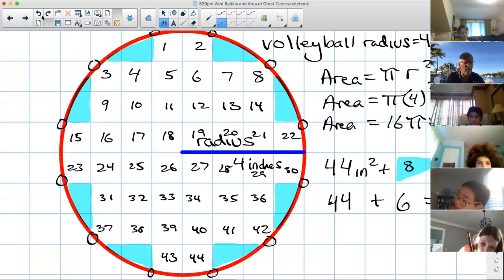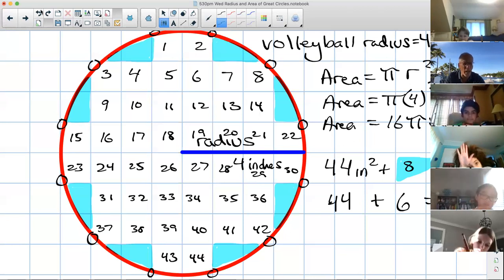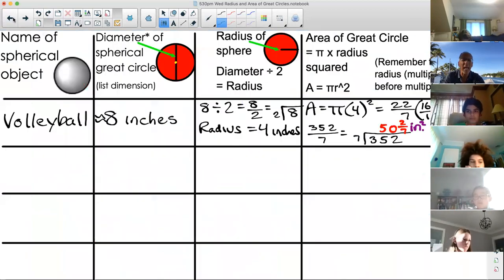Hannah, how many did you count? I think 12. Very good. There are 12 incomplete squares. Very, very nice.